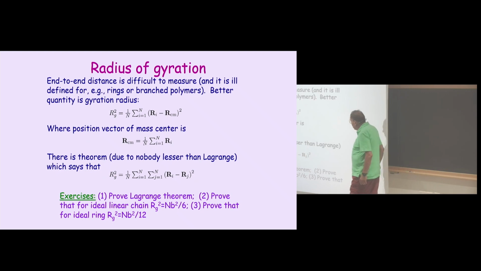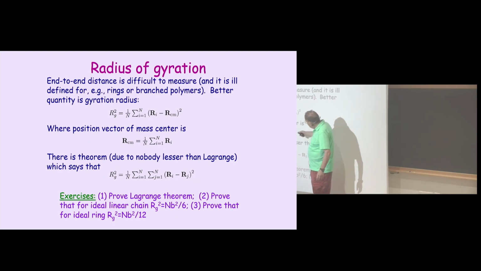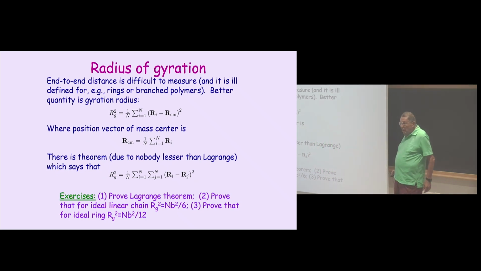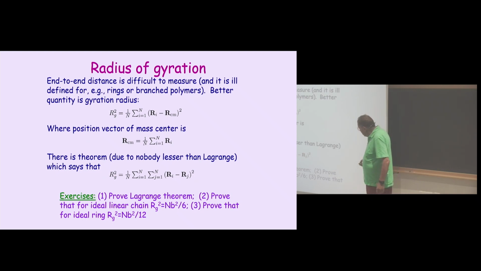Now it turns out that you can actually rewrite this definition of gyration radius in a different form. Instead of having the center of mass, you just take the average distance from monomer number i to monomer number j. Every pair, and you sum over both i and j. This is computationally usually easier to do it like this.